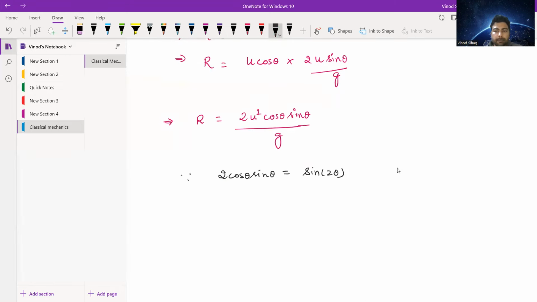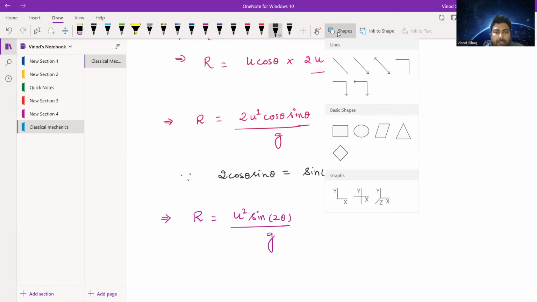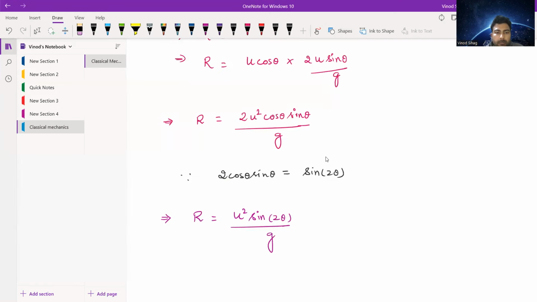So now the equation becomes R equals u square sin 2 theta upon g. So this will be our final equation for the range R of the projectile.